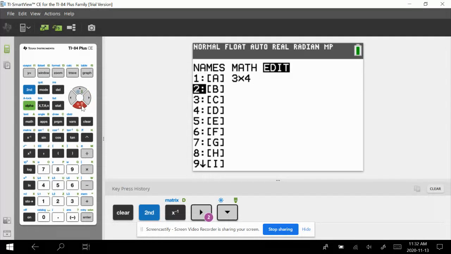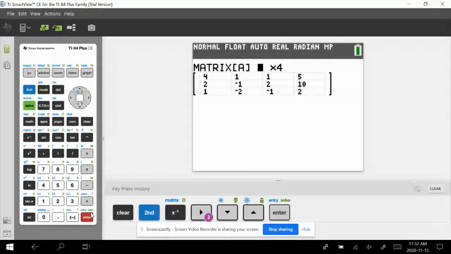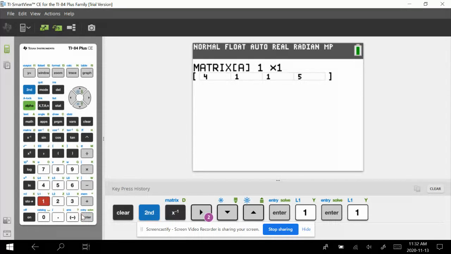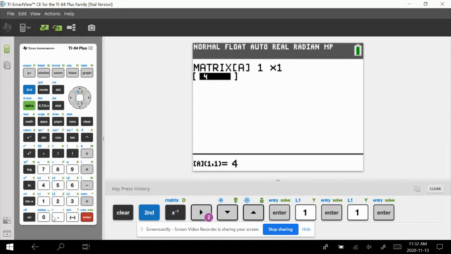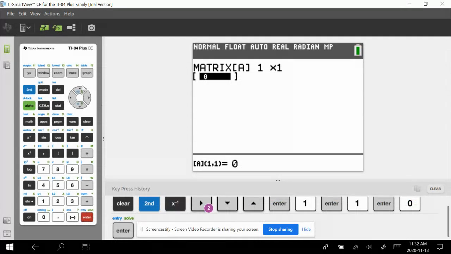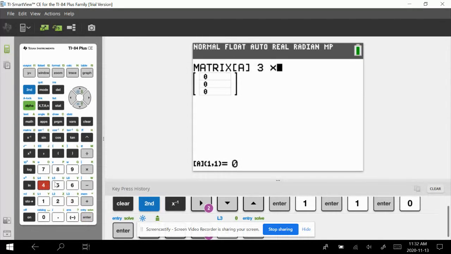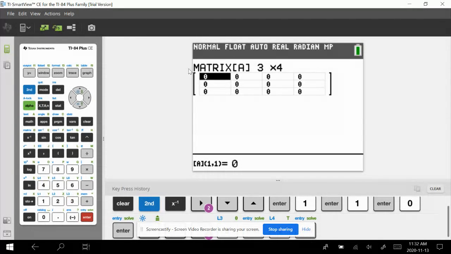Okay, now, sorry guys, I've already done this example here, but this is what you guys should be seeing right now. It's just a matrix 1 by 1. Now, what we want to do here is make our matrix 3 by 4. It's 3 by 4 because it's going to be 3 rows down and then 4 columns going across. Okay, so now we see a grid like this, and we can enter in the values for our coefficients.